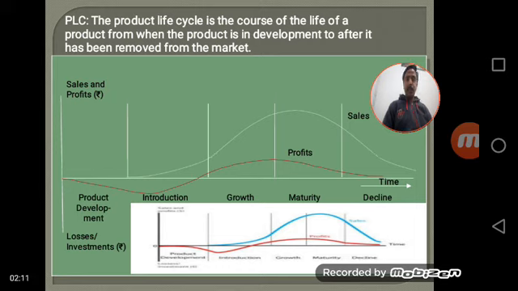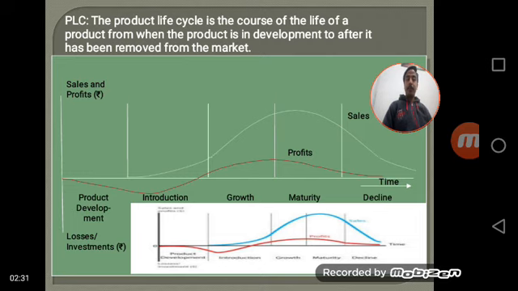Hope you are clear on what product life cycle is. In short, product life cycle is the lifespan of a product from development to the end. Clear?